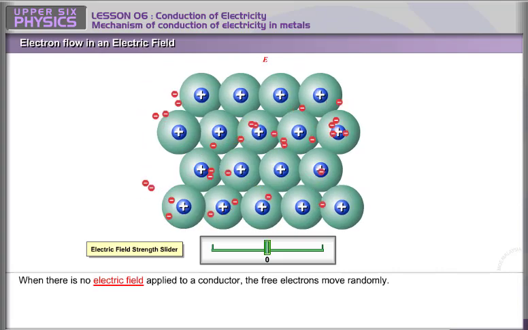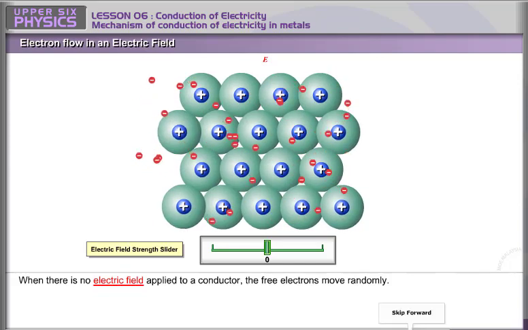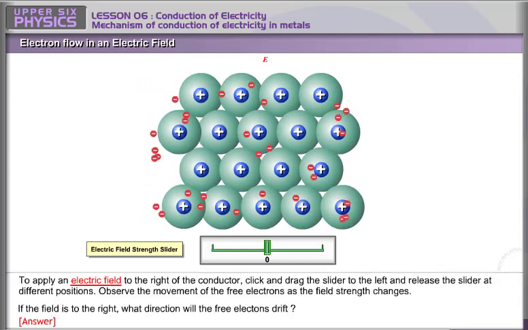When there is no electric field applied to a conductor, the free electrons move randomly. To apply an electric field to the right of the conductor, click and drag the slider to the left and release the slider at different positions. Observe the movement of the free electrons as the field strength changes.